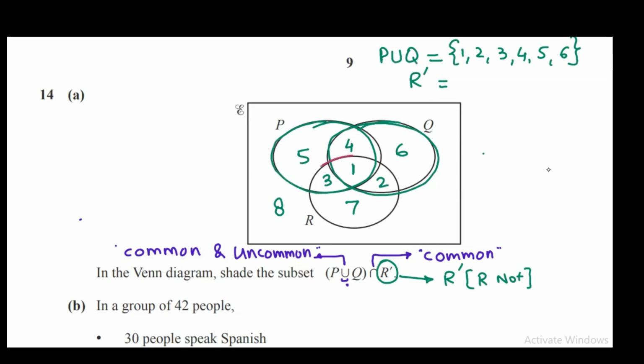This is your set R. You should not take any elements of set R in R complement. So 1, 2, 3, 7 are the elements of R, and the R complement will be 4, 5, 6, and 8 because it is beyond the set R. Write down in order 4, 5, 6, and 8.